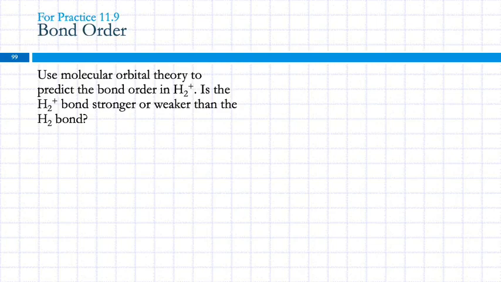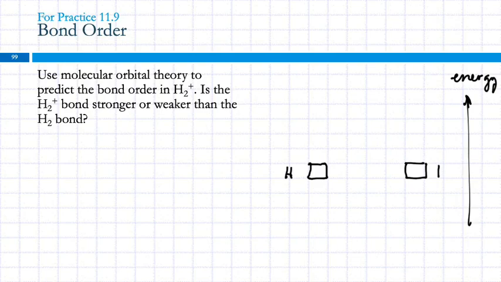So we always do energy going up on the screen. And what I'm going to do is draw the atomic orbitals that my 2 atoms have. Here I've got a hydrogen, and here I've got a hydrogen, and this is a 1s orbital, and this is a 1s orbital.